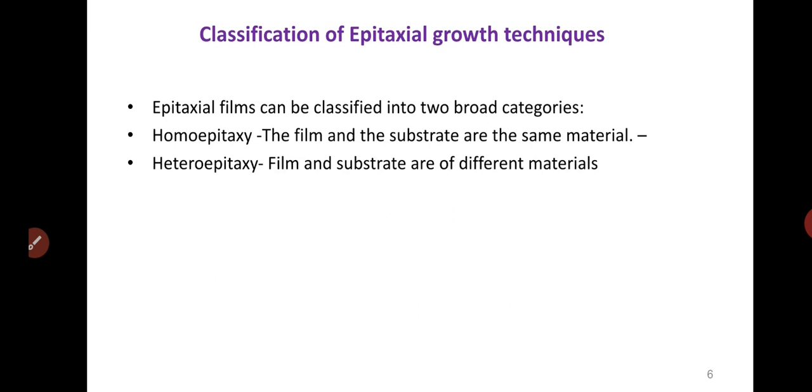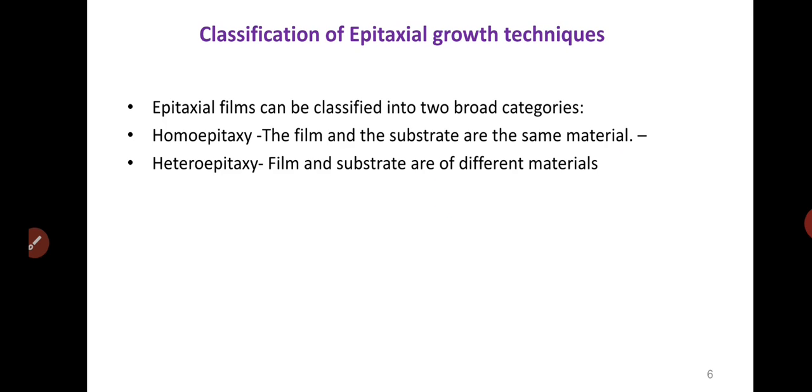Now, this technique can be classified into two broad categories, that is homoepitaxy and heteroepitaxy.